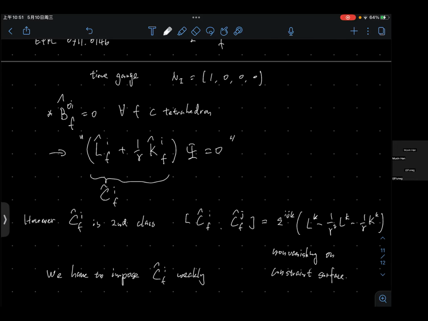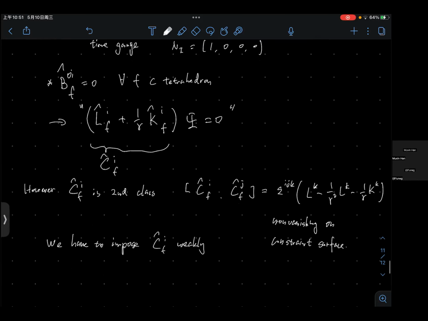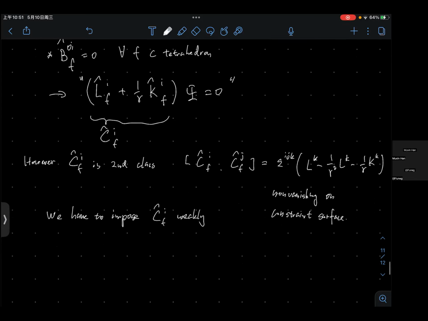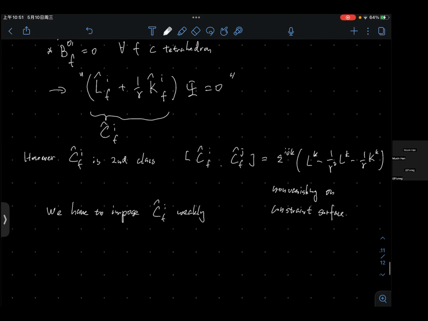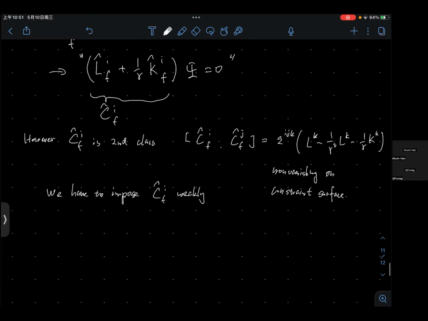Okay, so how to impose constraint weakly? The way EPRL did is to reformulate those constraints into some first class constraints. So, the EPRL reformulation.